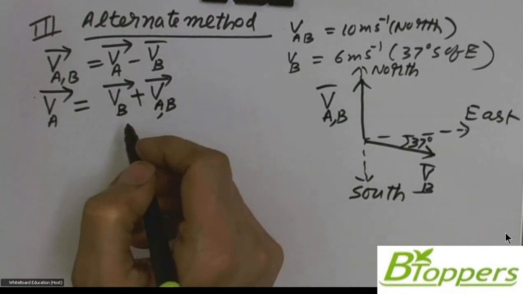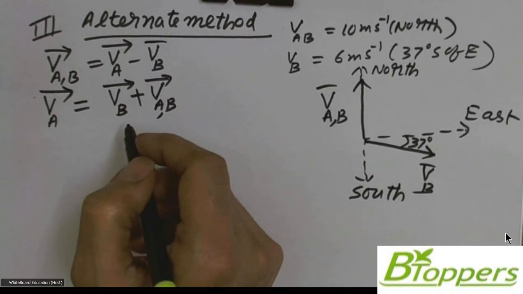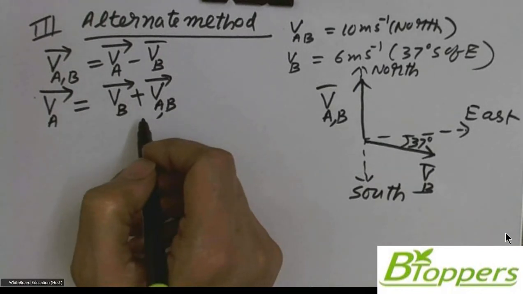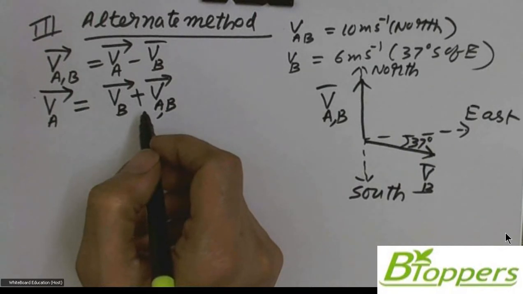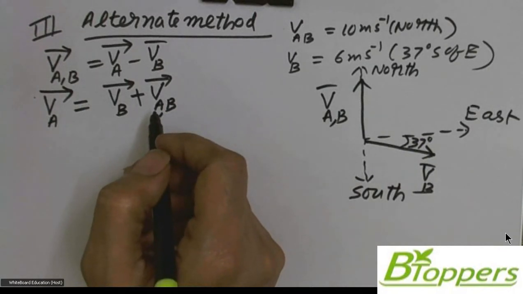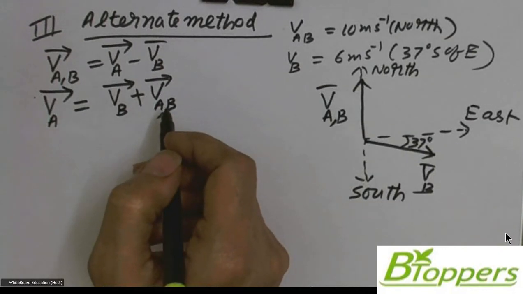Now if you take the modulus on both sides, we can use the formula for the magnitude of the vector sum of two vectors P bar and Q bar: root of P square plus Q square plus 2PQ cos theta.